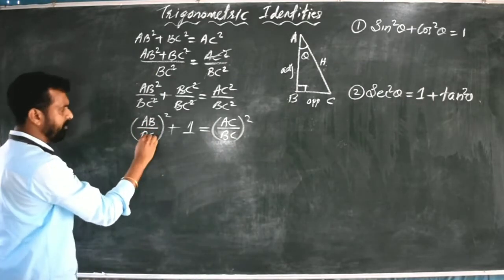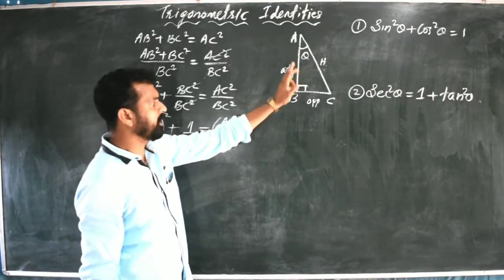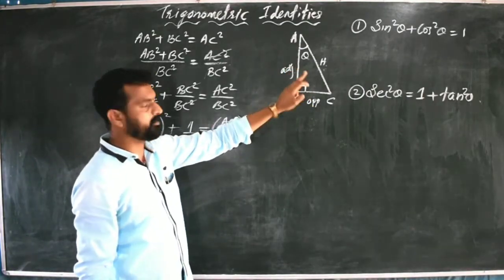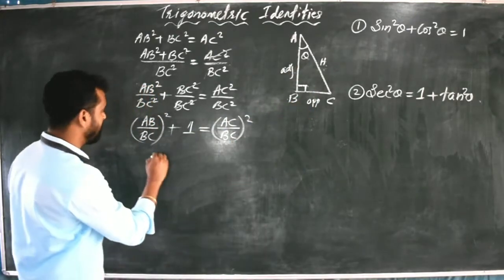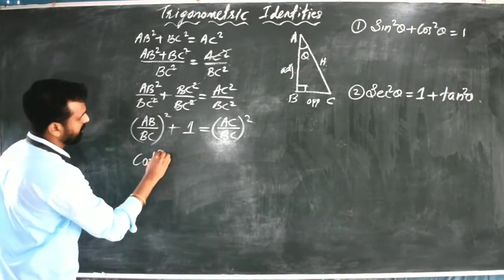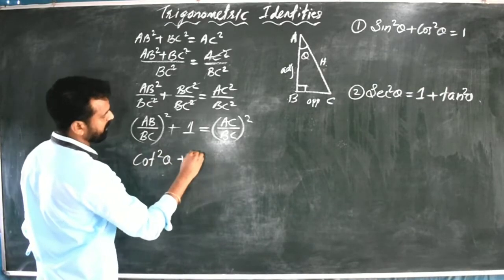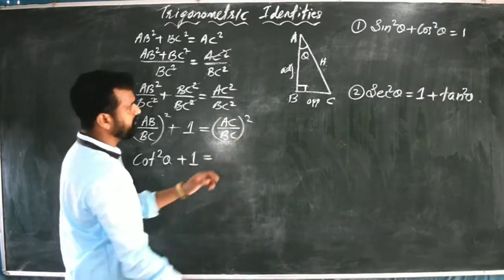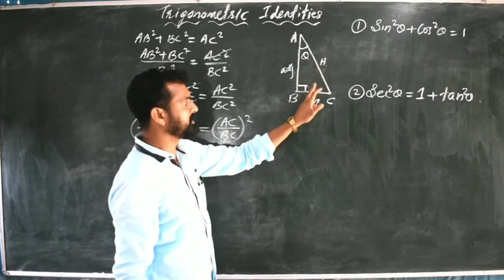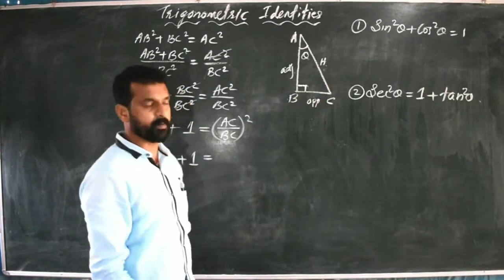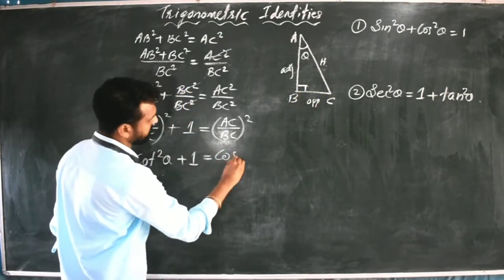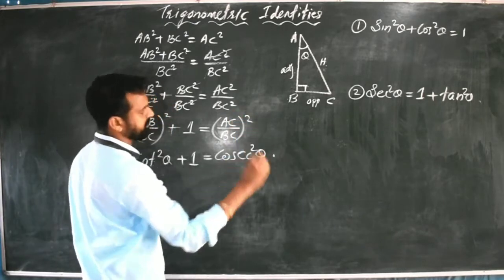Now find out AB by BC. AB divided by BC, adjacent side divided by opposite side, that is cot theta. So here it will come cot square theta plus 1 is equal to AC by BC. AC divided by BC, hypotenuse divided by opposite, is cosec square theta.